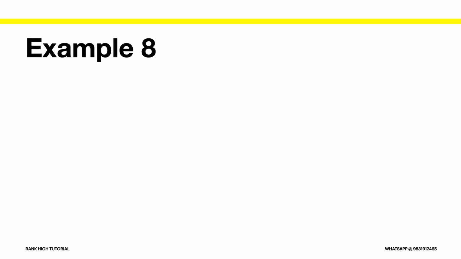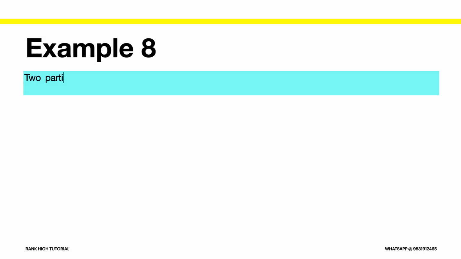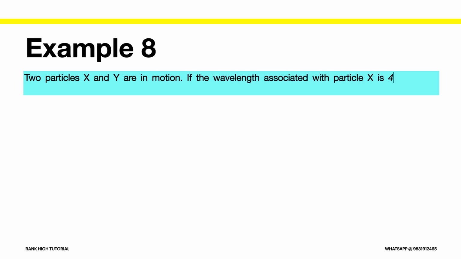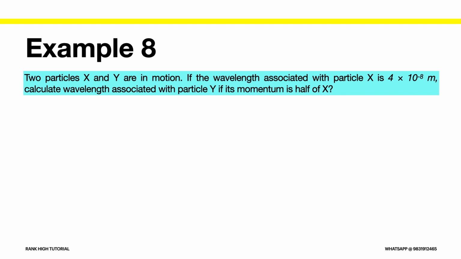Problem number 8. Two particles x and y are in motion. If the wavelength associated with particle x is 4 × 10^-8 meter, calculate the wavelength associated with particle y if its momentum is half of x. How will we do this sum? Lambda x = h/px and lambda y = h/py.